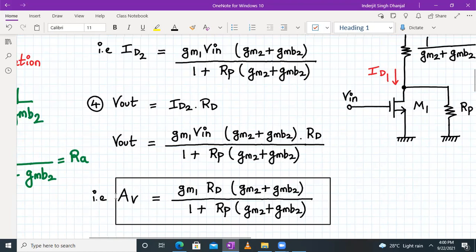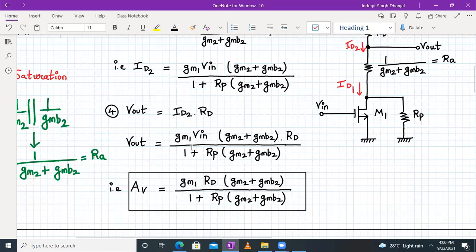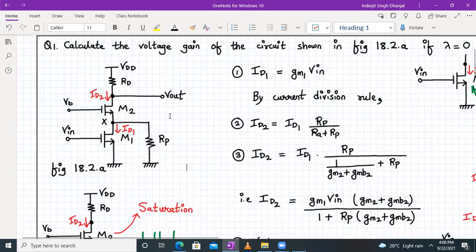V out upon V in will be your voltage gain. So your voltage gain expression is given by GM1 RD into GM2 plus GMB2, divided by 1 plus RP into GM2 plus GMB2. Okay, so that's the expression for the voltage gain for this circuit diagram.